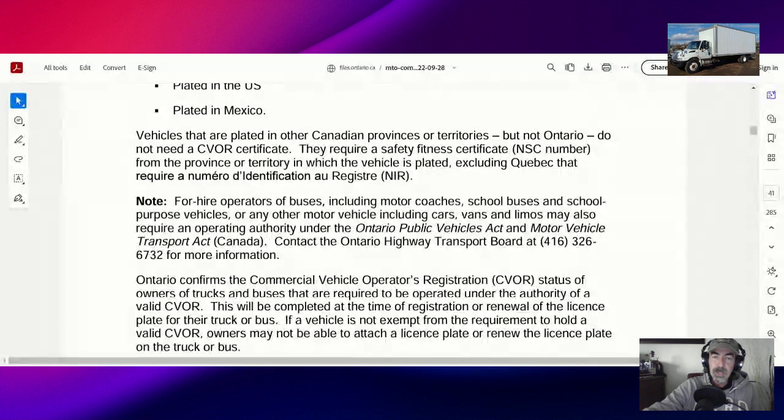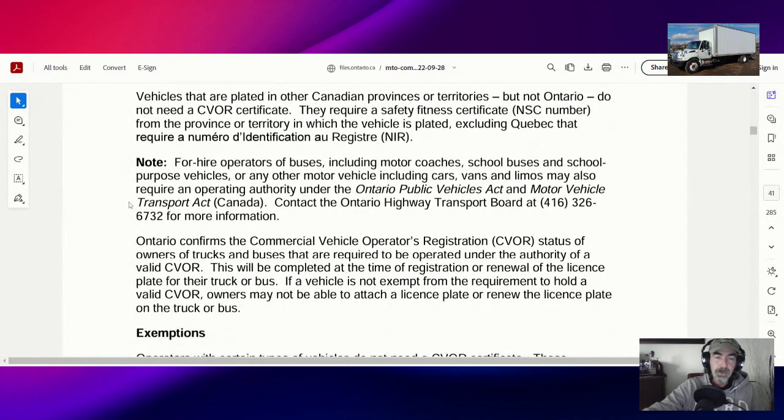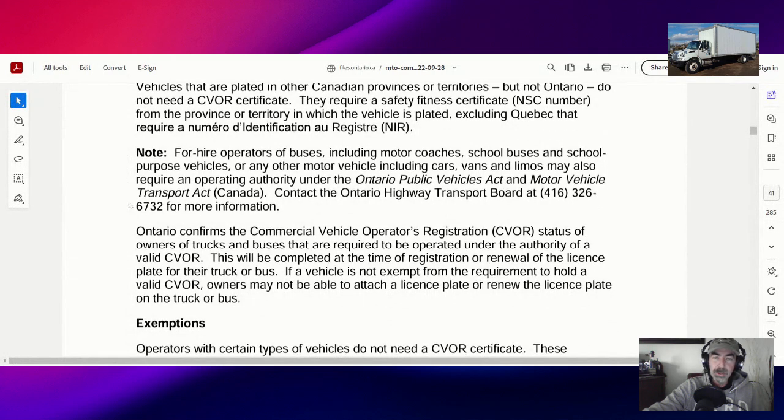They require a safety fitness certificate, NSC number, from the province or territory in which the vehicle is plated, excluding Quebec that require a Numero d'Identification au Registre, NIR.